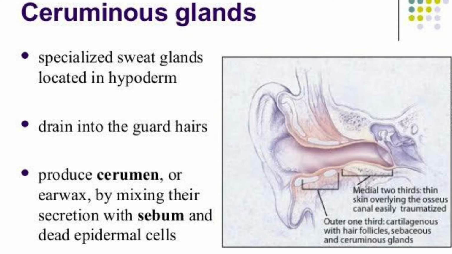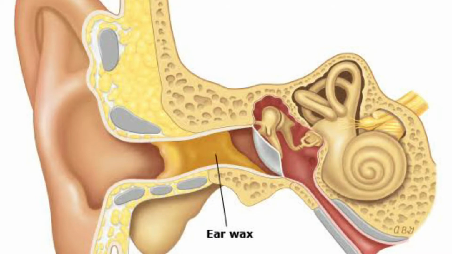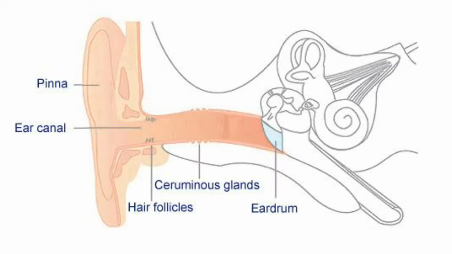The skin surrounding the ear canal contains ceruminous and sebaceous glands that produce protective ear wax. The ear canal ends at the external surface of the eardrum.